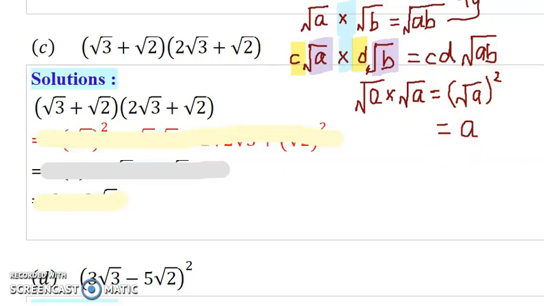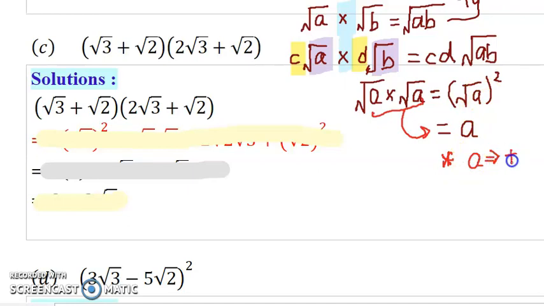In your calculations later, whenever you encounter this, you can directly give the answer as A. But take note, this is provided A is a positive number, as well as B for the previous rule. If the content inside the square root is negative, then we need to refer to complex numbers. Now back to our question for the multiplication.